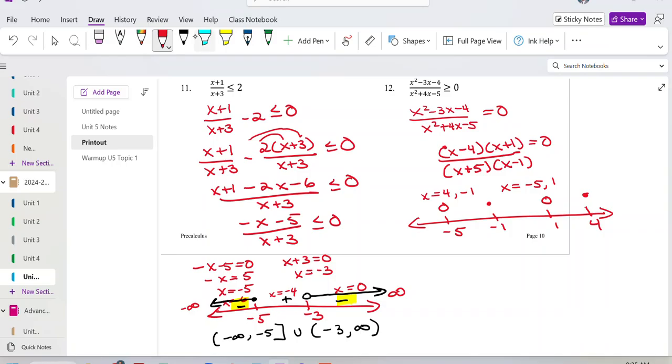So now we have to test. So negative 6, negative 2, 0, 3, and 5. So when we put negative 6 in, we get negative and negative, which means the top is positive, and then negative and negative, which at the bottom is positive, so that's a positive.